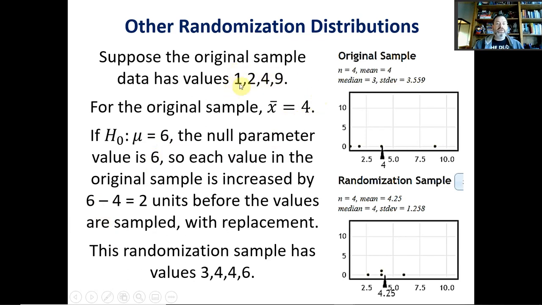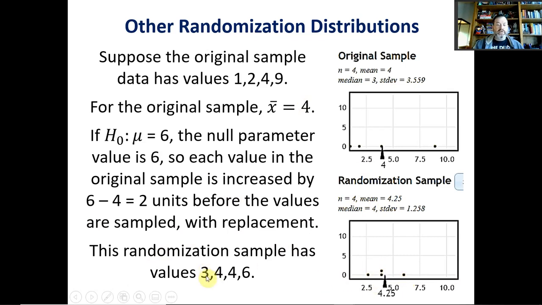So we increase each of these by 2 units, just scoot them to the right on the number line, 2 units. Then we sample with replacement like it's a bootstrap distribution. And that's what I did, right? So here we go. You can see here that I did sampling with replacement after these values were scooted to the right, and I got 3, 4, 4, 6.